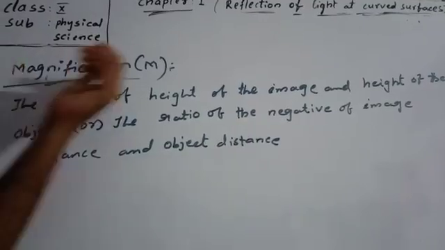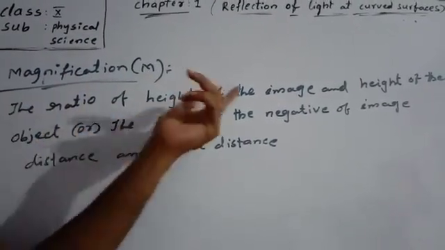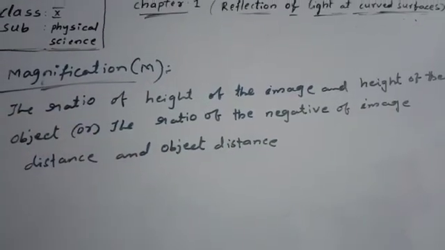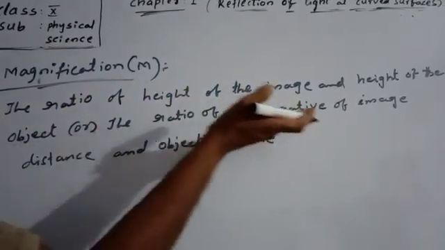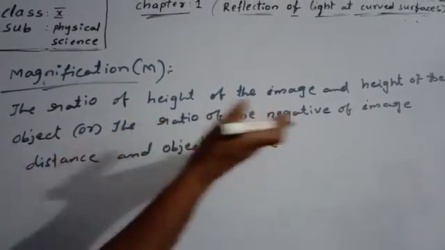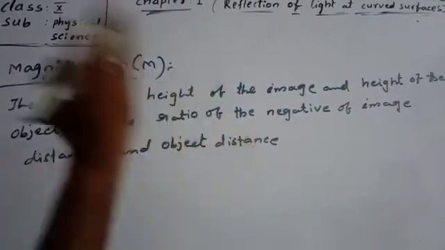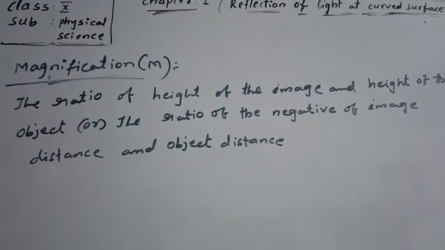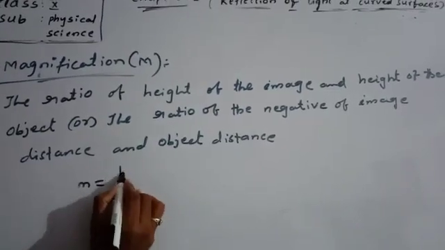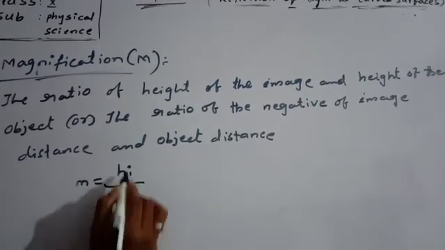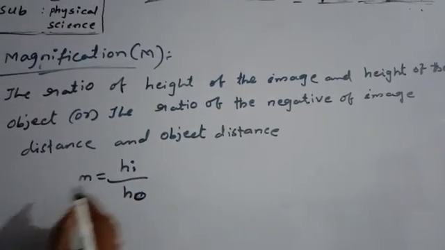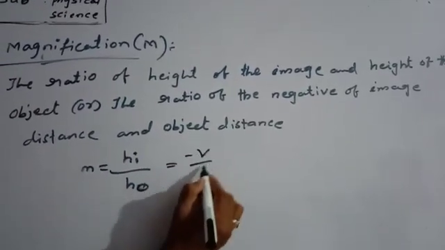What is that? Magnification, the ratio of height of the image and height of the object, or you can write a ratio of the negative image distance and object distance. That is, you can write m is equal to height of the image by height of the object, or you can write minus v by u.